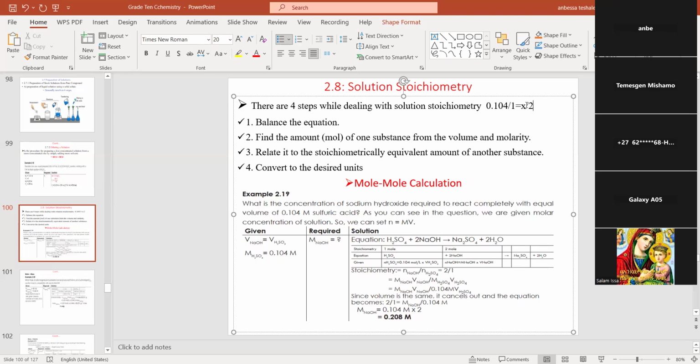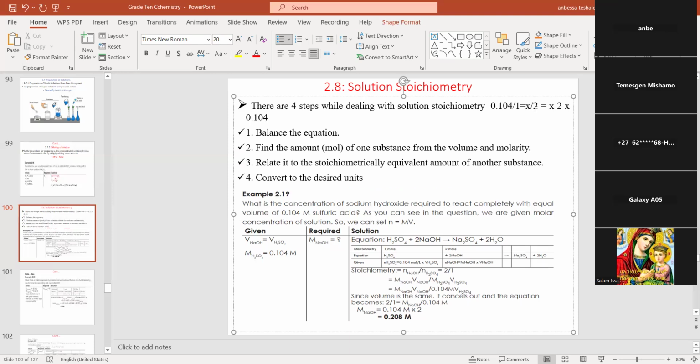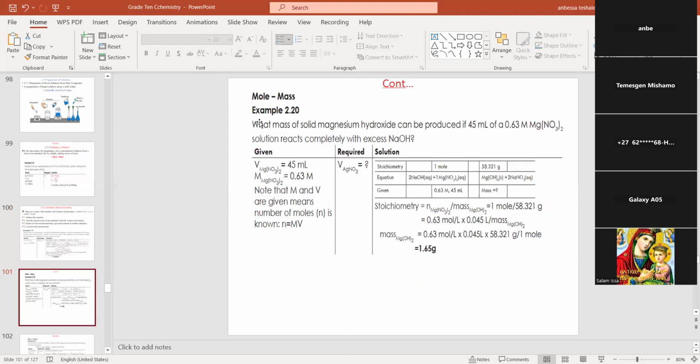So when we calculate x, x is equal to 2 times 0.014, which is 0.208. This 2 comes from here. Mole on top, mole on the bottom; if we use mass on top, we must use mass on the bottom. If we use volume on top, we must use volume on the bottom.